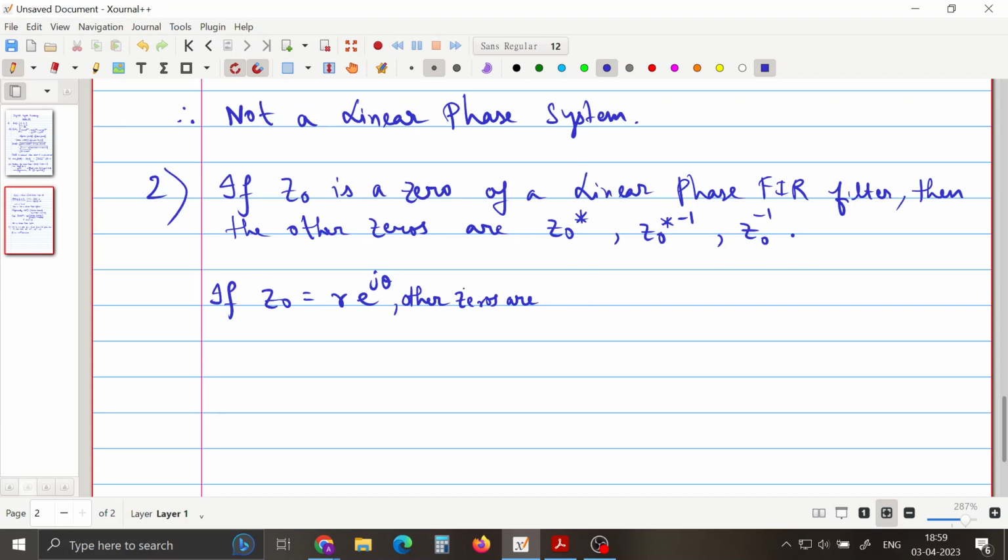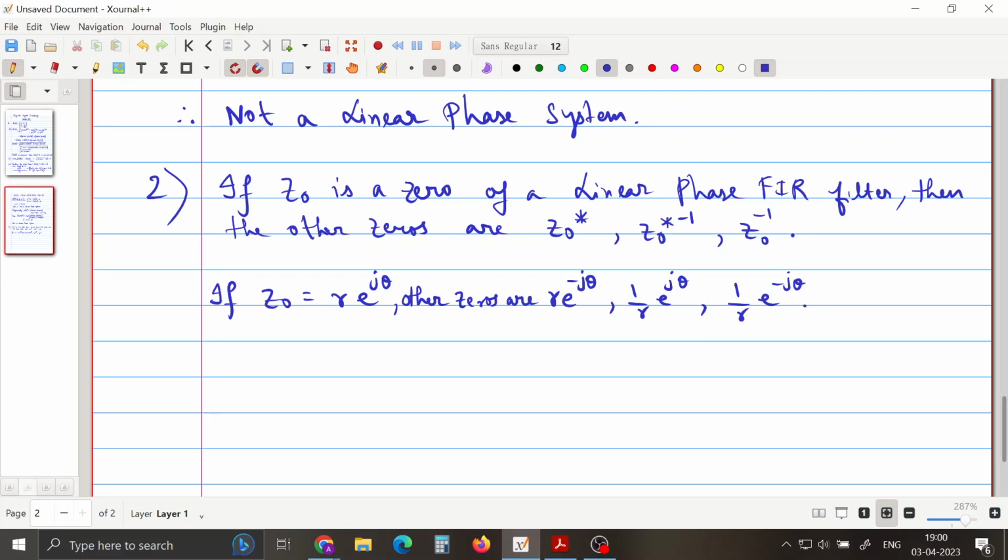If z0 is r e to the power j theta, it's r e power minus j theta. That's another 0. Then z0 star inverse is also a 0, which would be 1 by r e power j theta, and finally z0 inverse would be 1 by r e power minus j theta.